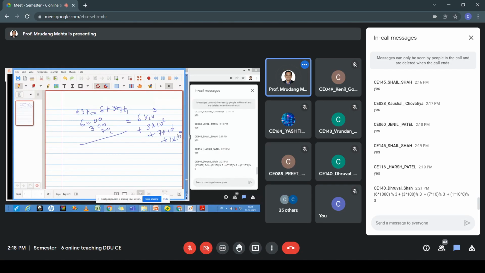Yes. So this is equal to, so 6371 mod 3 is equal to this whole mod 3, right?